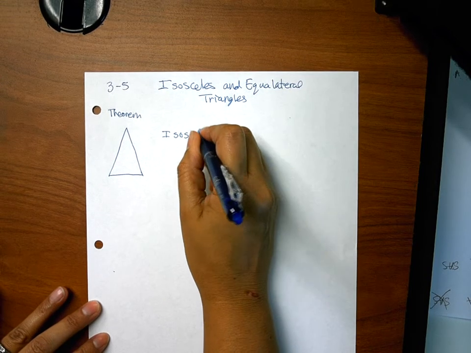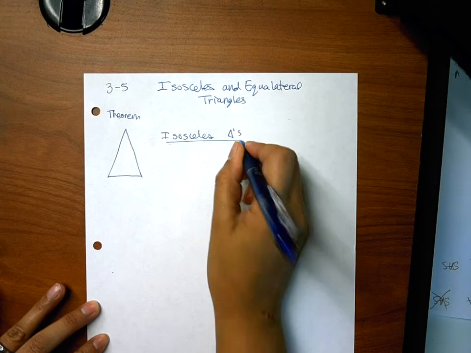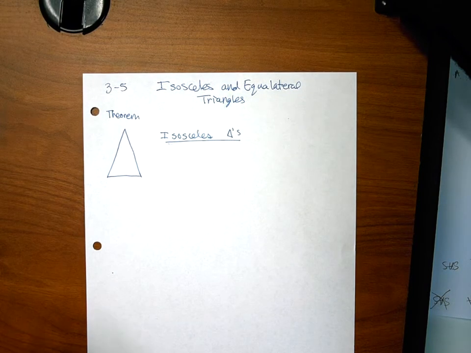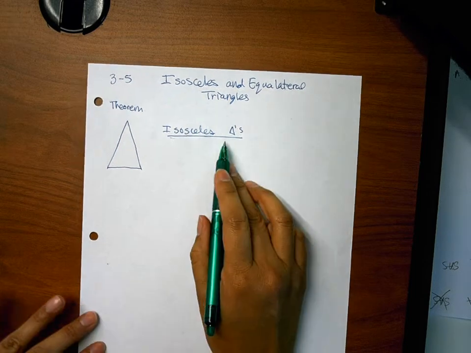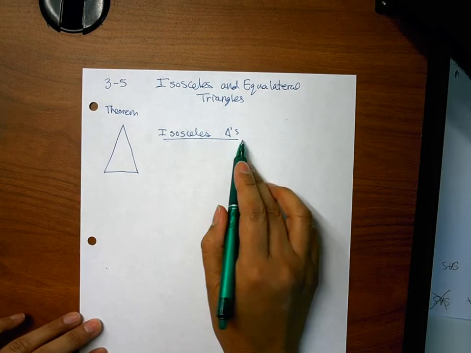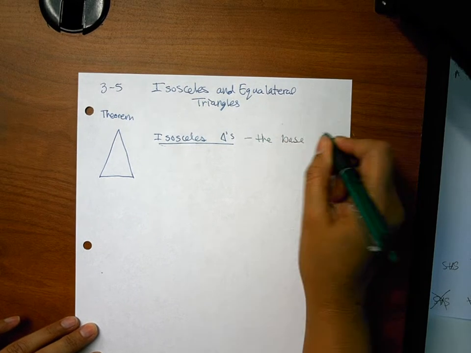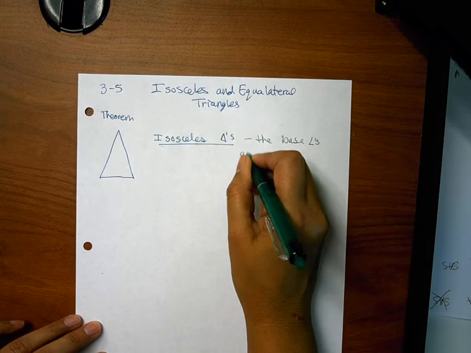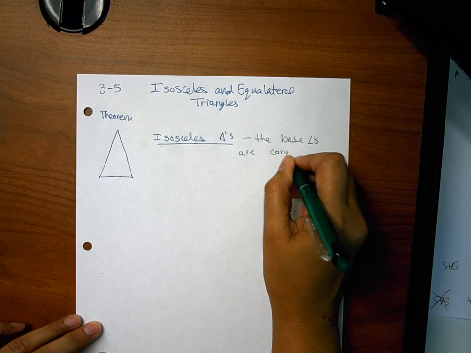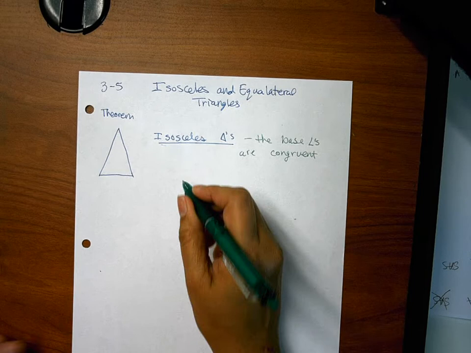The theorem states, if it's an isosceles triangle, the base angles are congruent.